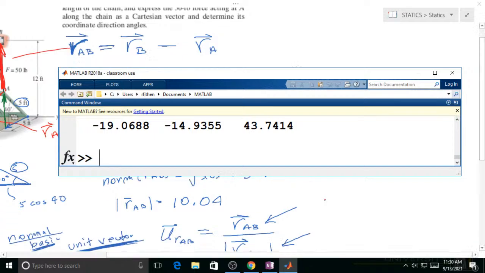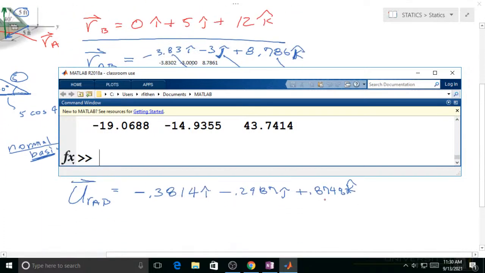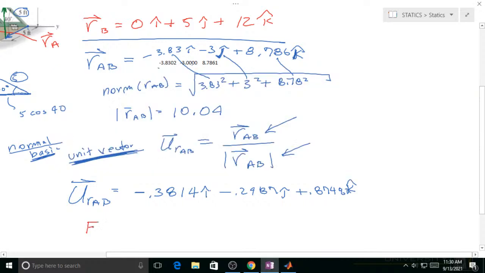I can bounce back and forth between these two.